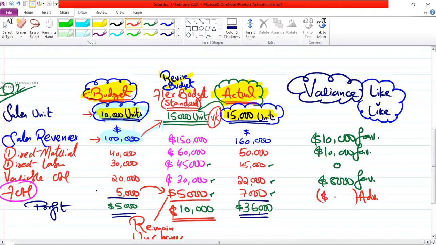At 2,000 adverse. Ultimate answer 26,000, but not red. Why did I write red color? It is supposed to be good, good, good, good. Favorable, right or wrong? Yes, right. That's how it is going to be done in your paper for A2.